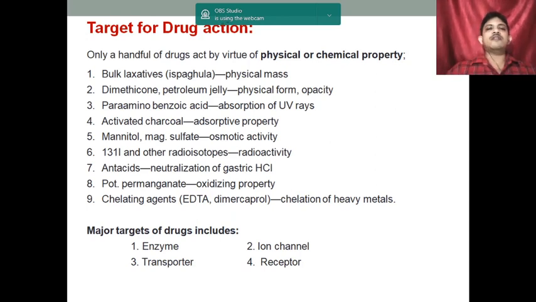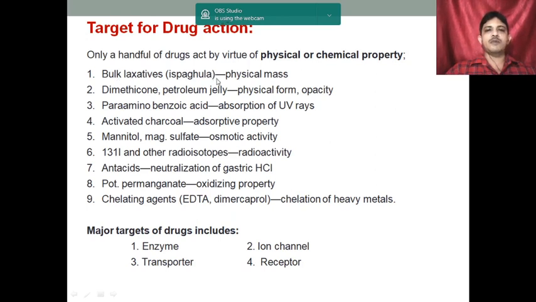Next, what are the different targets of drug action? A drug can act in different ways. In some cases the drug acts by a physical mechanism, in other cases by a chemical mechanism. Here are some examples. Isabgol acts as a bulk laxative.